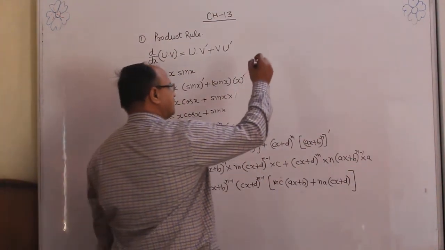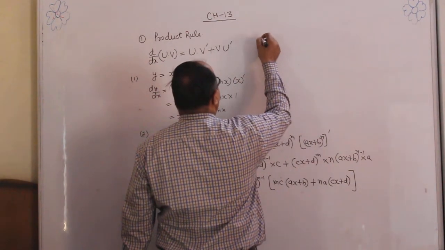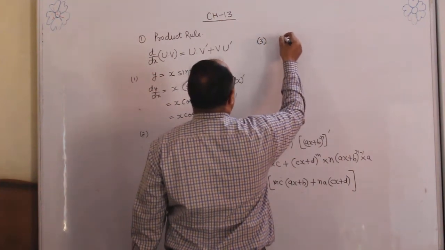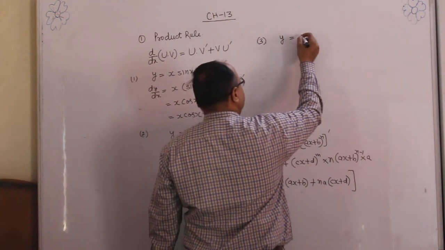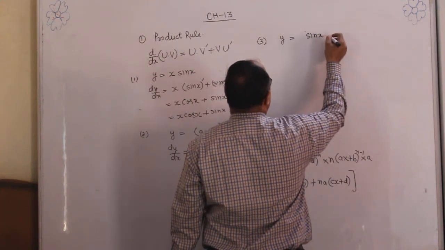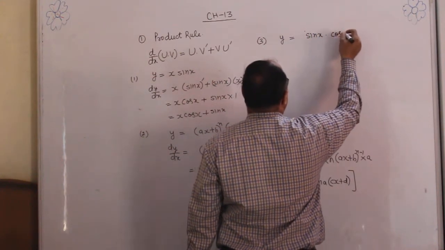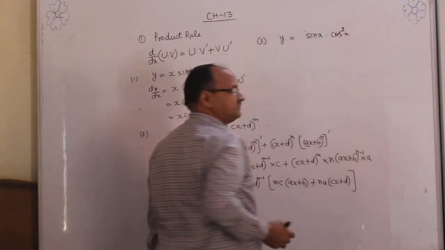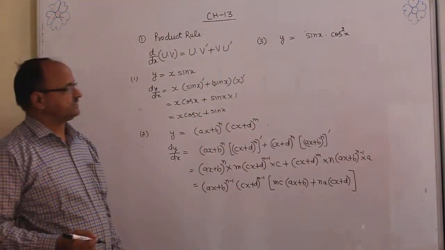One more example of the product rule. Third question, y is equal to sin x into cos kx, sin x into cos kx.